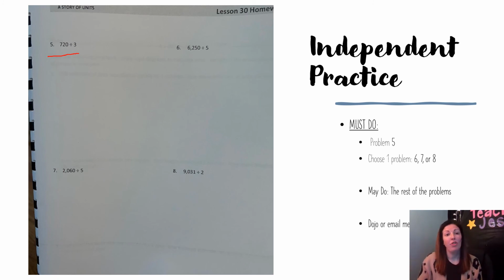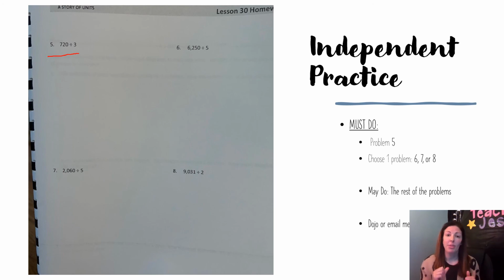Then, if you want to continue with the may-do part of it, those are just the last 2 problems that you didn't complete for your must-do. So that's what I want you to do when you are finished doing your work. Please make sure, like I said, that you check it using multiplication. That way we're practicing 2 things at once, division and multiplication.